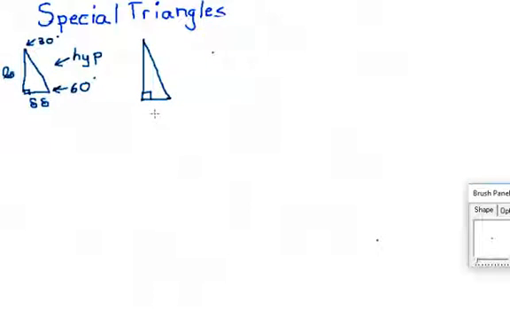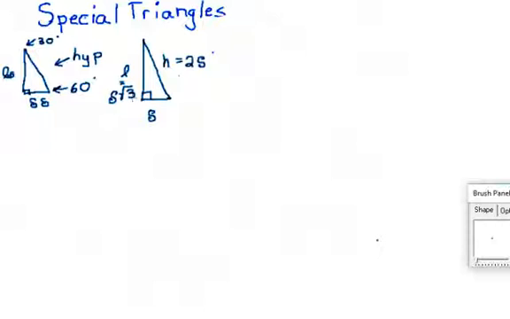What you need to know is that if we have a short side, then the hypotenuse, we'll call it H, is always 2 times the short side. And the long leg, we'll call it L, is always equal to the short leg times the square root of 3.